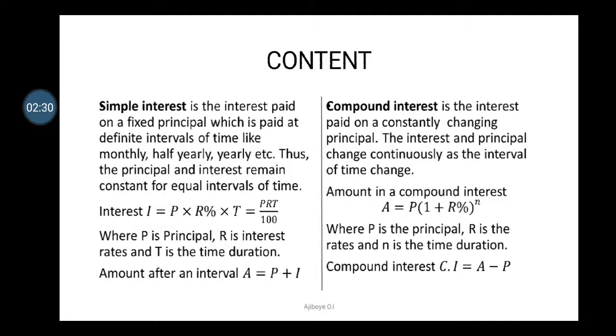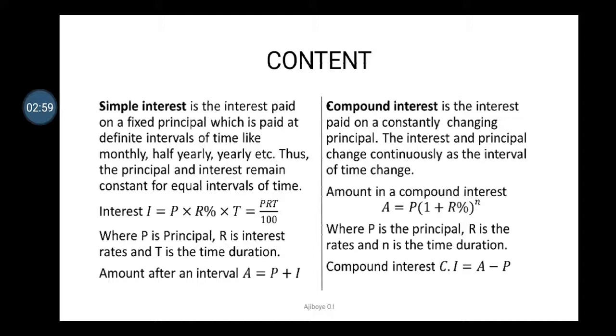Content. Simple interest. Simple interest is the interest paid on a fixed principal, which is paid at definite intervals of time, like monthly, half yearly, yearly, and so on. The principal and interest remain constant for equal intervals of time. To determine the simple interest on an investment, interest I is equal to the principal times the rate times the time.